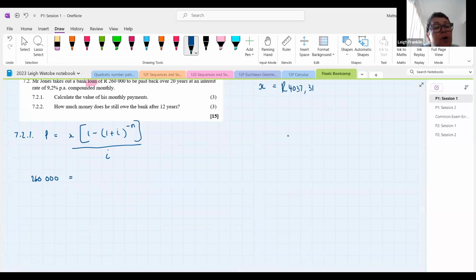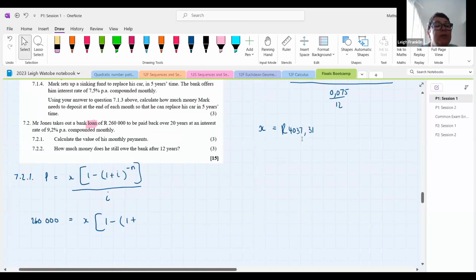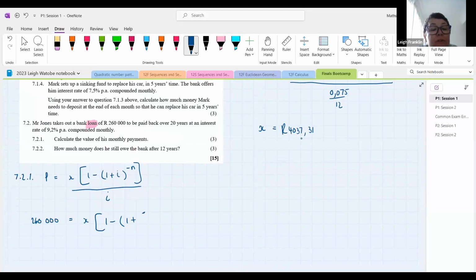So he needs to pay off 260,000 Rand. We want to work out his monthly payments, so we're calculating X, 1 minus 1 plus his interest rate. It's 9.2%, so this is 0.092 compounded monthly. And it's for a period of 20 years. Now, there's no tricks in this question.